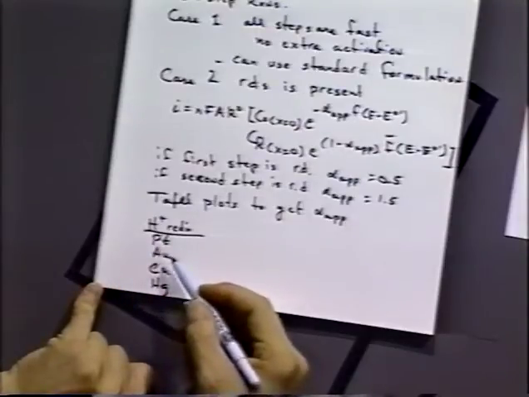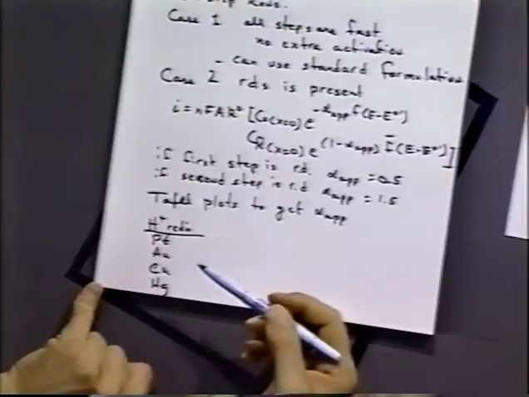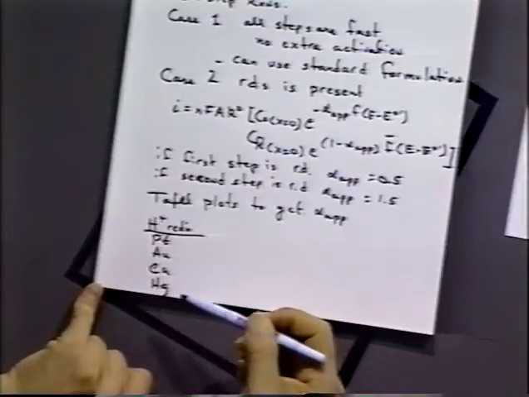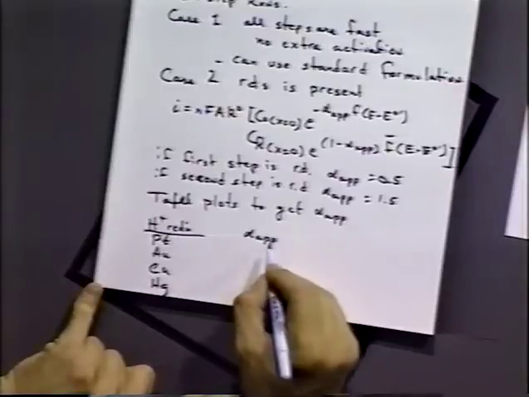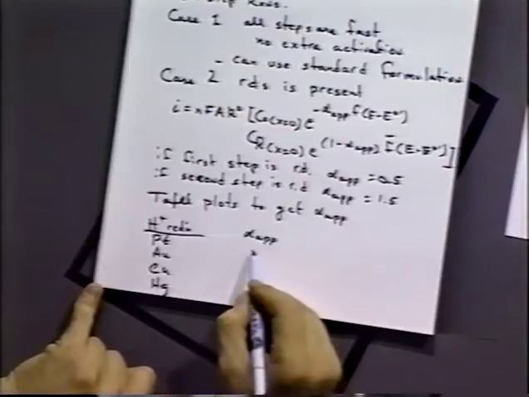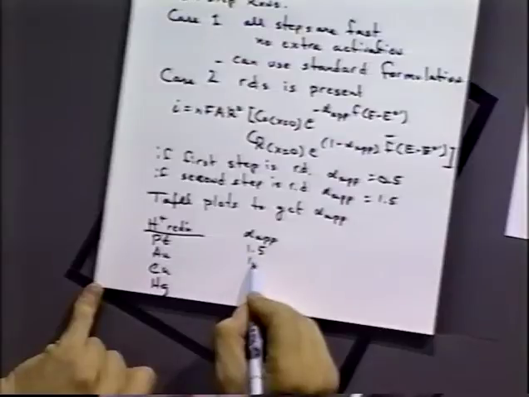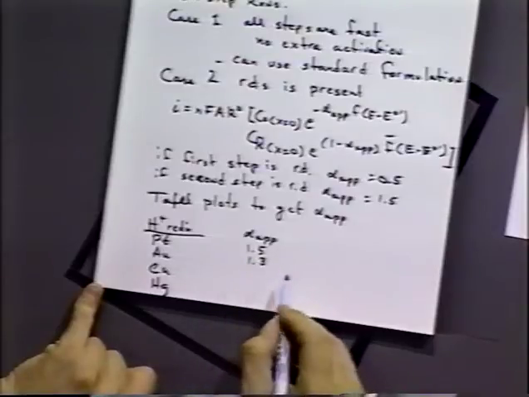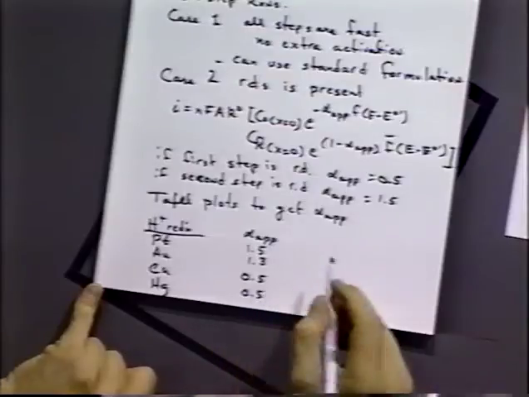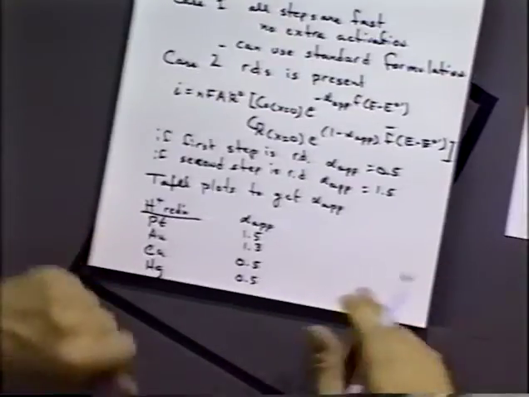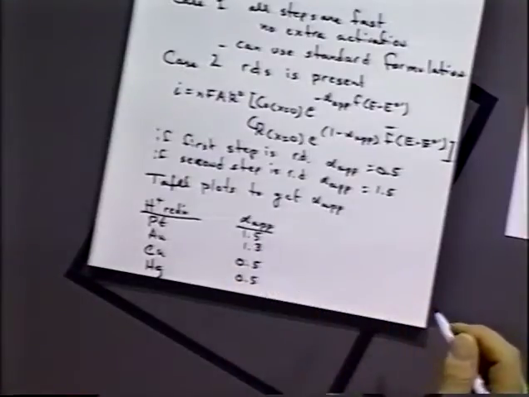Gold's a little bit slower, actually quite a bit slower, but still pretty fast. Copper much slower, mercury very slow. We see alpha apparent values of 1.5, 1.3, 0.5, and 0.5.